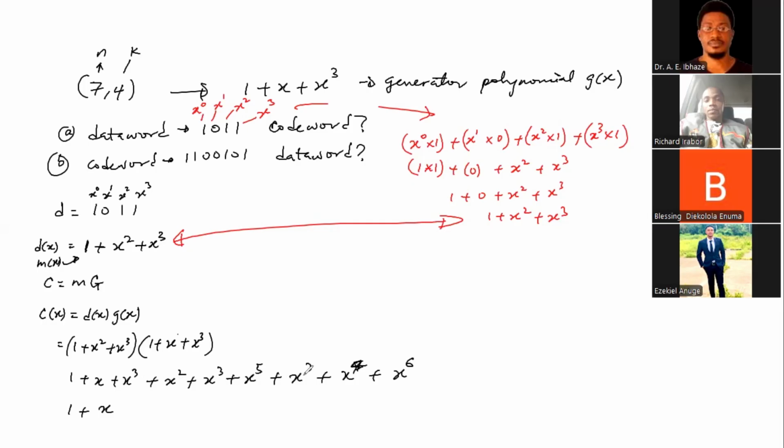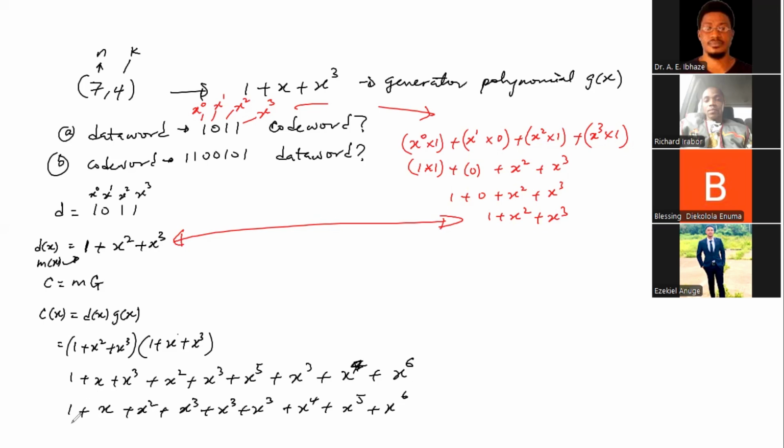Then all of the X squared, how many of them is just 1, plus X squared. Now, all of the X cubed, we have 3 of it, X cubed plus X cubed plus X cubed, right? Then X to the power of 5 is 1. So we have 1, X to the power of 4, plus X to the power of 5, plus X to the power of 6.